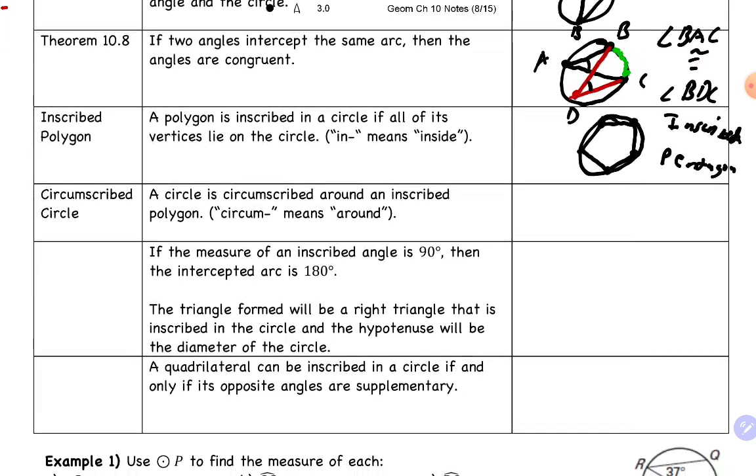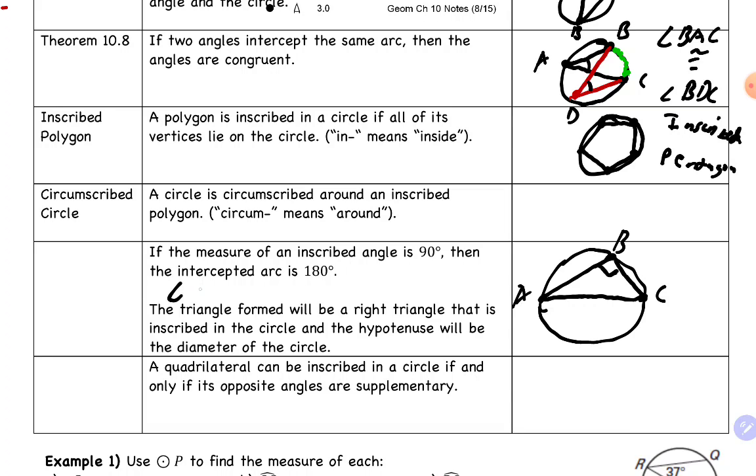If the measure of an inscribed angle is 90 degrees, then the intercepted arc is 180 degrees. So let's draw a circle here. If they say that this is 90 degrees, that means the arc.